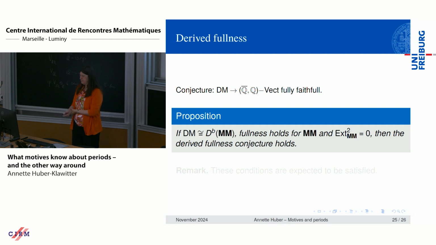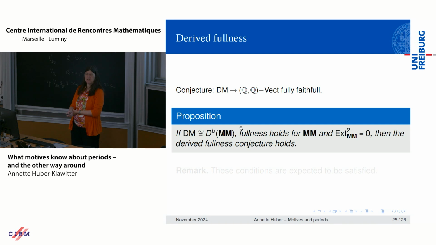So what do I need? Basically that the derived category of Nori motives is the category of geometric motives. You can get away with a little less, like you can ask that the realization functor is conservative, but that's nearly the same as asking for this.